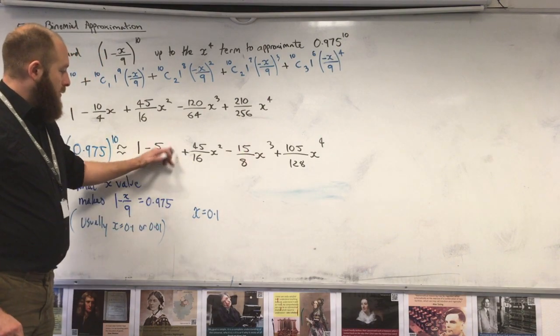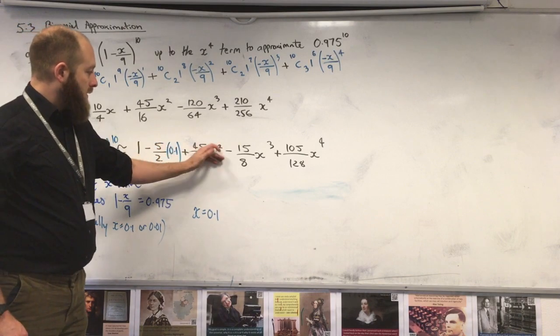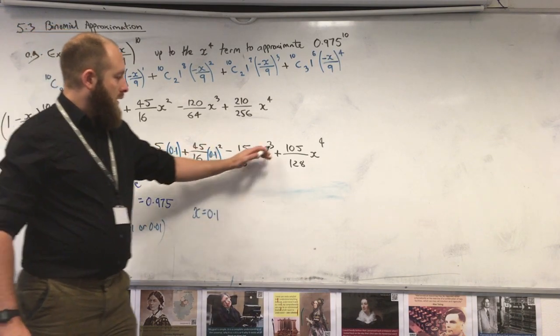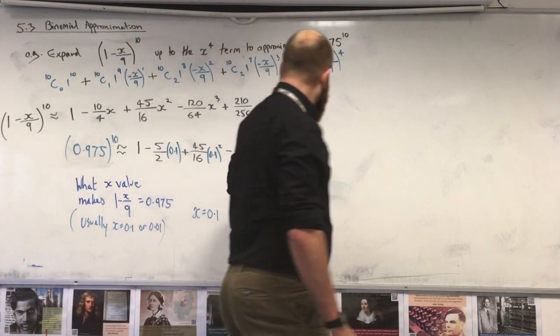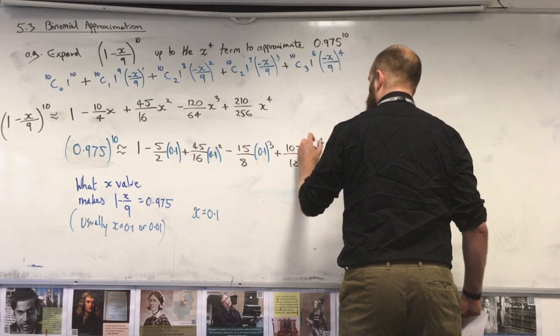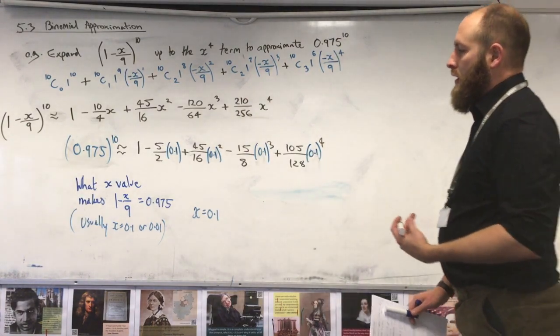So I'm going to put all my 0.1s in. Here we're going to have 0.1 squared, here we're going to have it cubed, and here to the power 4. And if we work that out, it's going to give us a really nice approximation to 0.975 to the power 10.